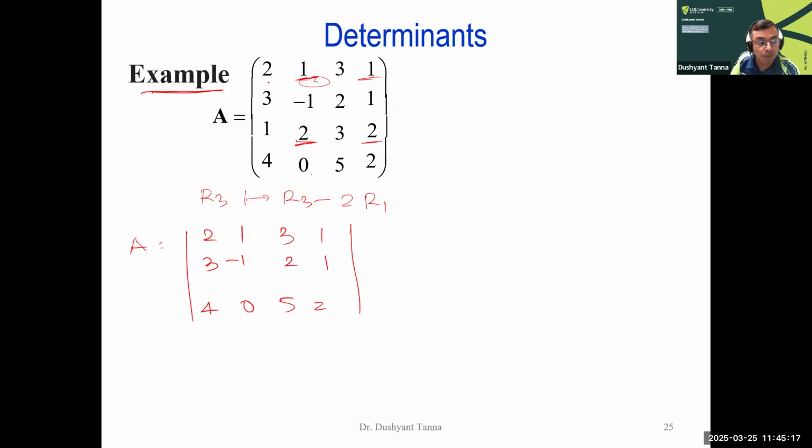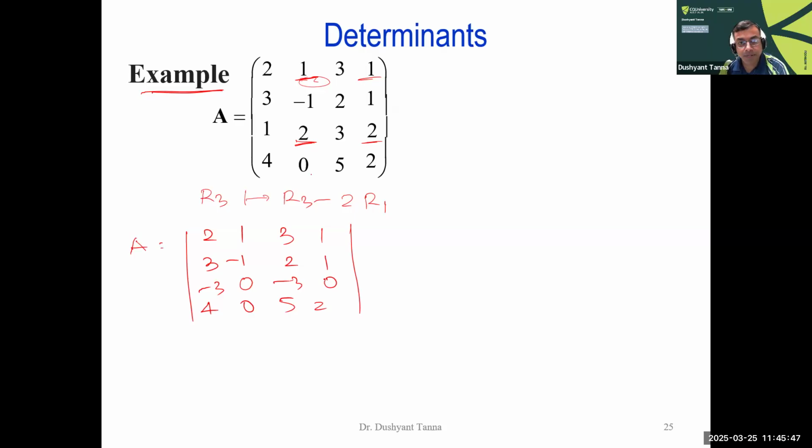So 1 minus 4 gives me minus 3. This is 0. This is why we perform the operation. 3 minus 6, that's minus 3, and this is 0. Great. We bring it to 0. Now, you will not do any operation on row 3. You will use row 3 to perform some operation on the other rows.